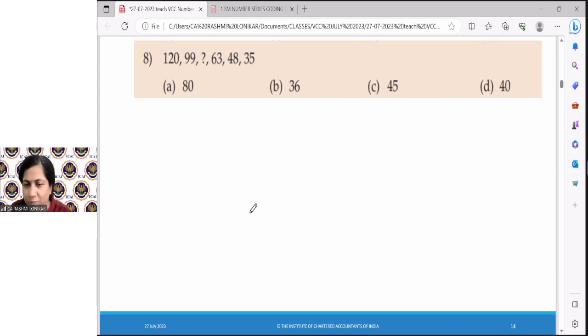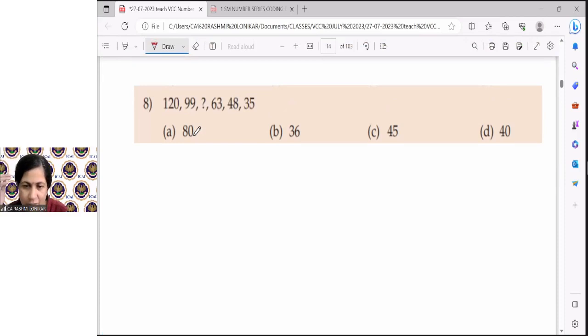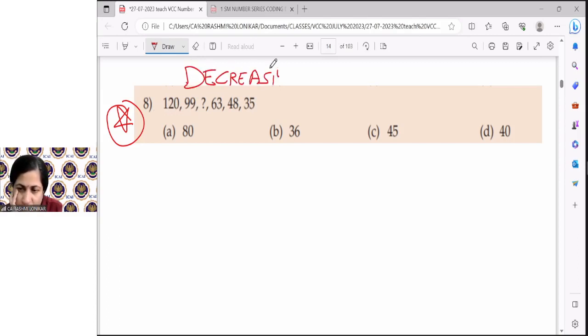Yes. Now see, what is happening here? You have to pay attention. This is important, you can mark it in your study material also. There is 120, 99, 63, 48. So what is happening? This is a decreasing series. Usually all our sums up till now have been increasing.